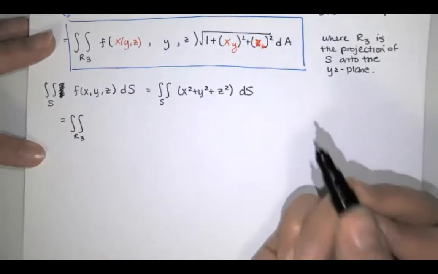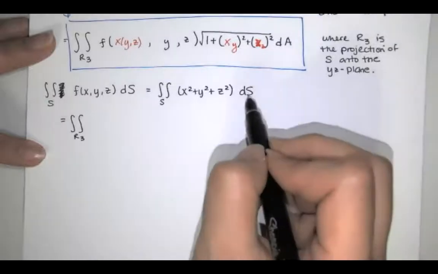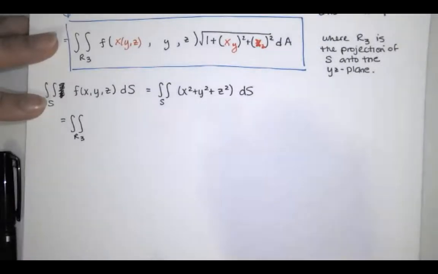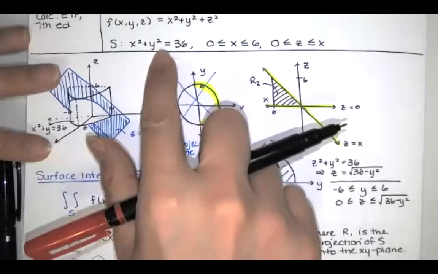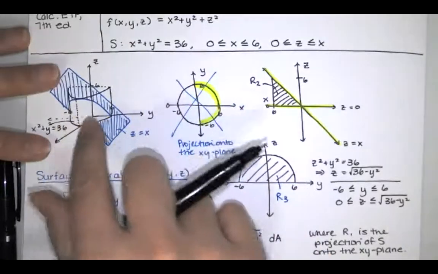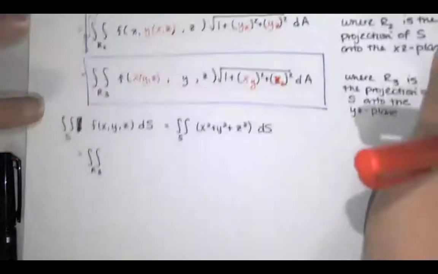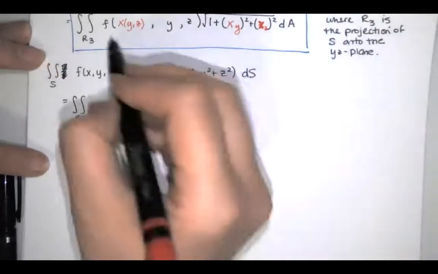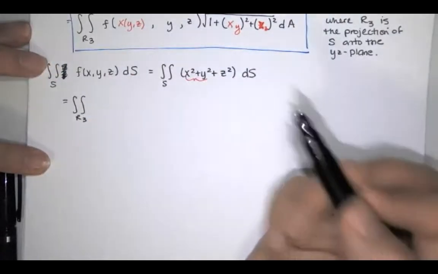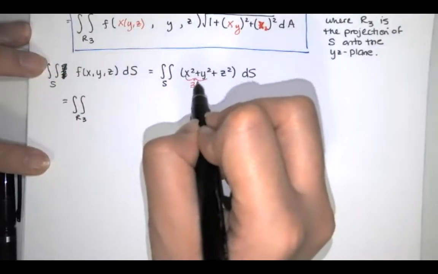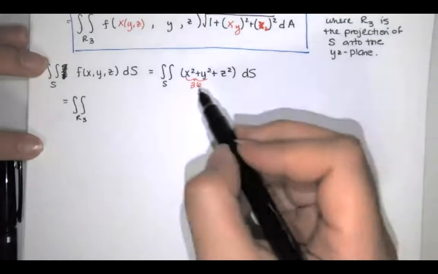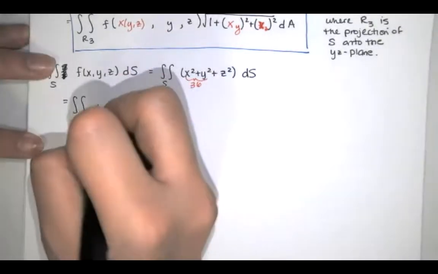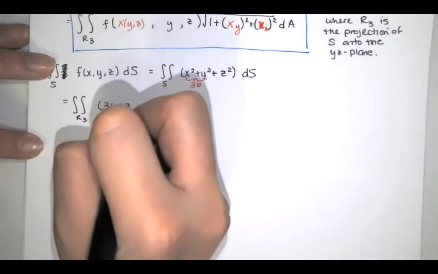We need the integrand in terms of y and z only, and we need the surface area. Well, if we're on our surface, x squared plus y squared is equal to 36. So the easiest way to get rid of x and write this in terms of y and z only is to replace x squared plus y squared with 36, because x squared plus y squared is 36 when we're on our surface. So we'll have 36 plus z squared here.